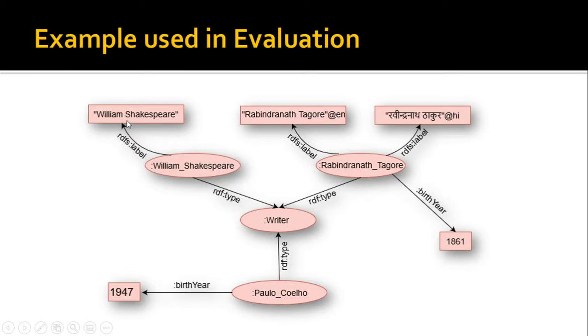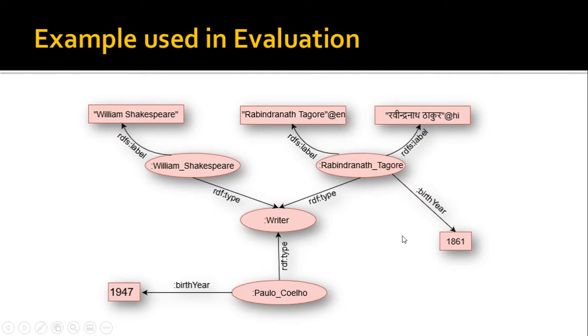William Shakespeare has the label William Shakespeare, and we do not have the language annotation here. Paulo Coelho has year of birth 1947, and Rabindranath Tagore has year of birth 1861.